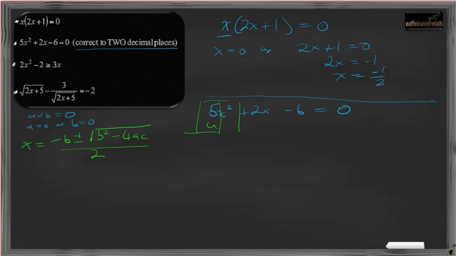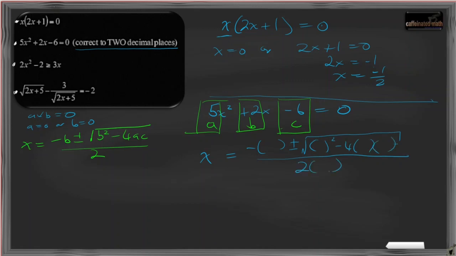That's our a value. There we get our b value. And negative 6, of course, would be our c value. So what does this translate to? Well, x is just equal to minus b plus minus square root of b squared minus 4 times a times c, and then there's 2a, which is our divider.